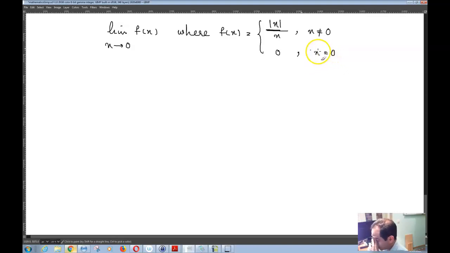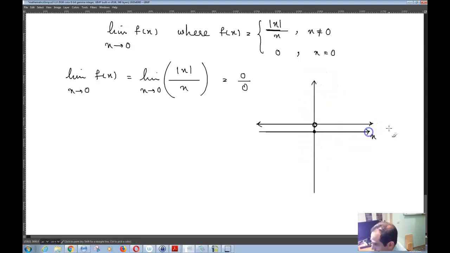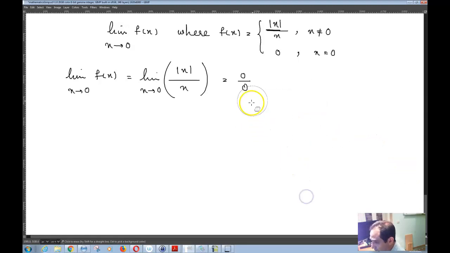So that means that the value of your function at x is equal to 0 is 0, and the value of your function at all x not equal to 0 is basically this. Now this function is a little bit, well, of course, strange, or I would say weird even. Okay, so now I was trying to solve this problem and I did make a mistake.